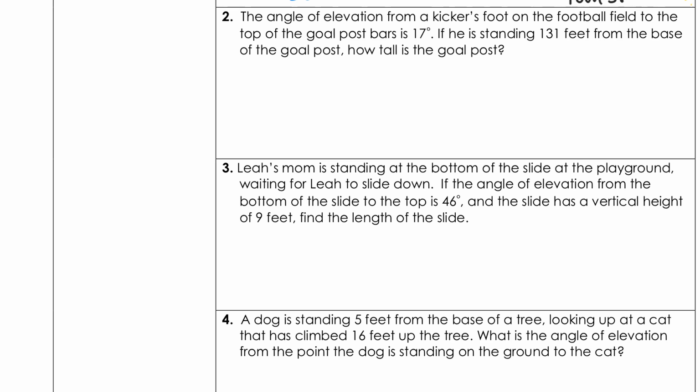Now we're looking at the kicker's foot. The foot is going to be on the ground, so we don't have to take into consideration the height this time. So let's draw our triangle, and we have 131 feet away, we have a 17-degree angle of elevation, and we want to know how high the goalpost actually is.